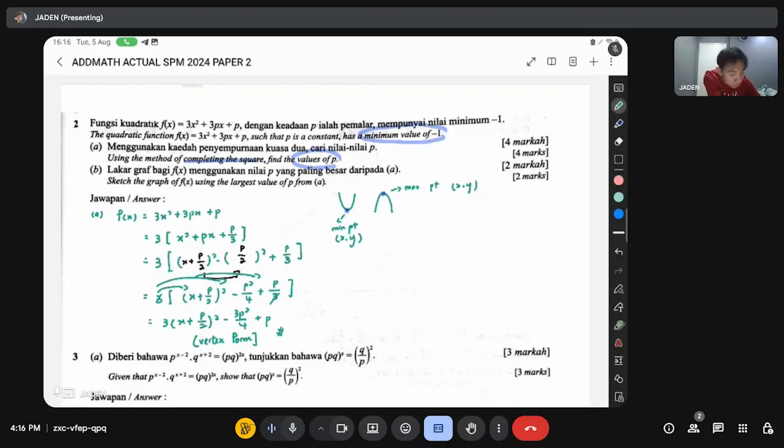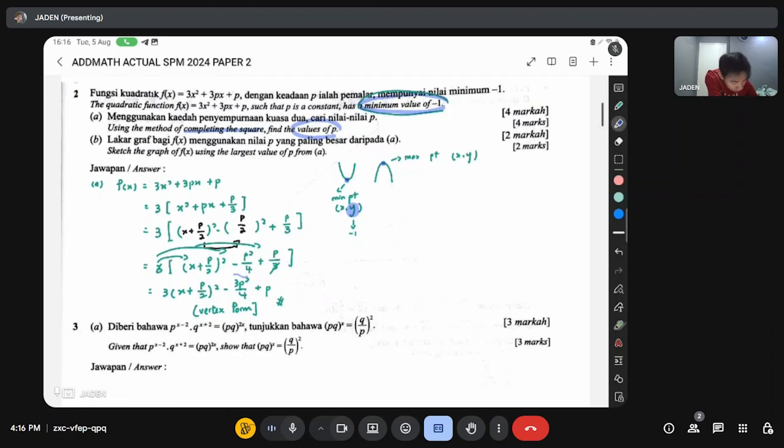Now, when they tell me a minimum value of -1, they are telling me that the y value here is -1. But what does it have to do with the vertex form? This part of the equation tells you the minimum value, which is the y, and inside the bracket here will tell you everything about the x.